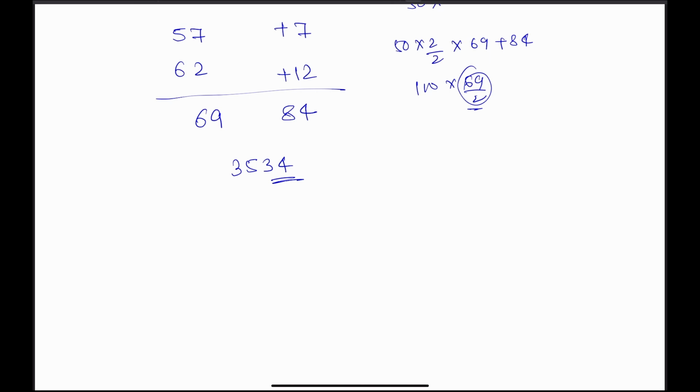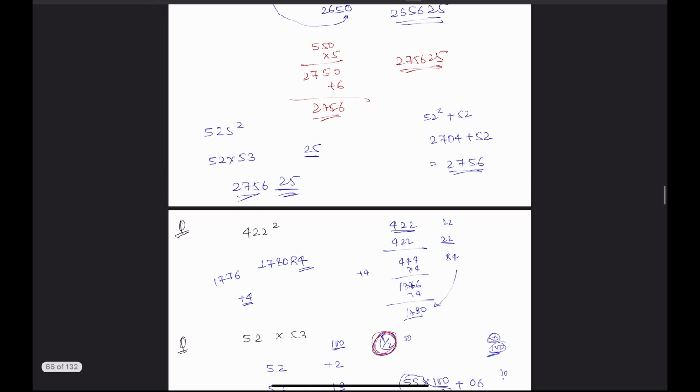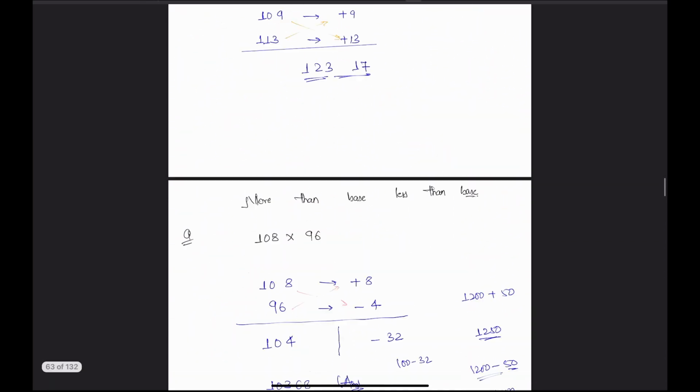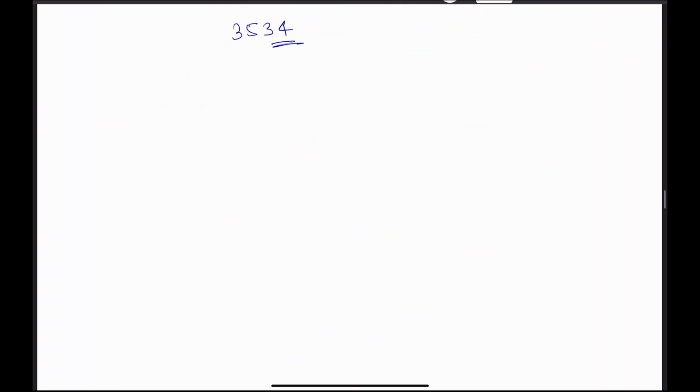Correct. You just need practice. I need to do practice, otherwise I will make mistakes like anything. This type of question I have already done. The next topic I will solve in the revision part. I will solve a lot of questions regarding these things. But as of now, let's finish the next topic.